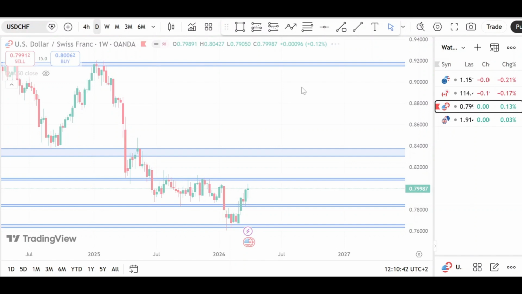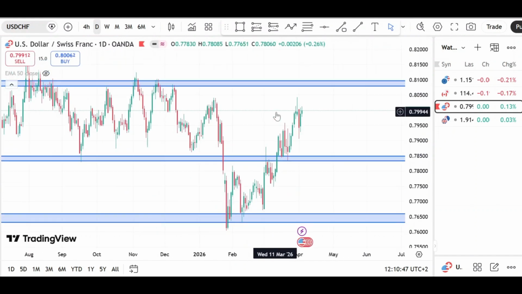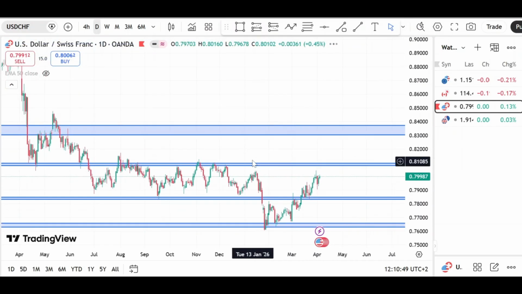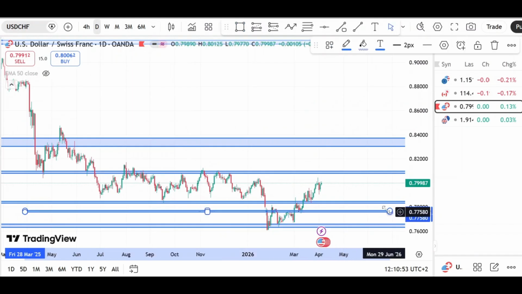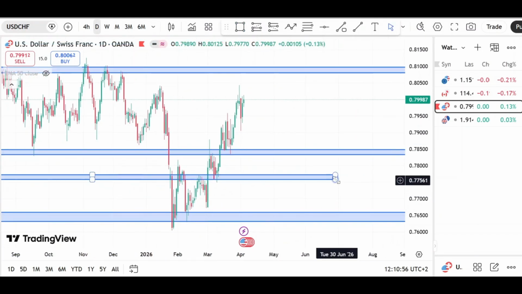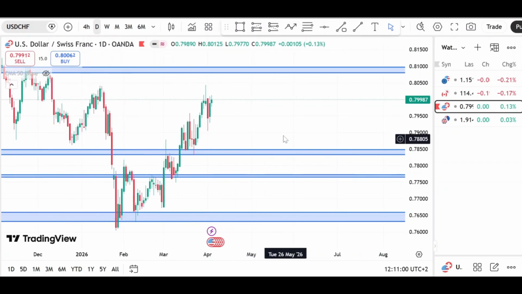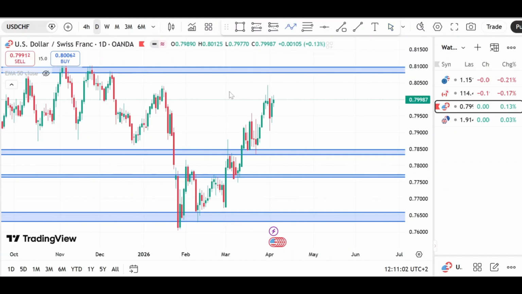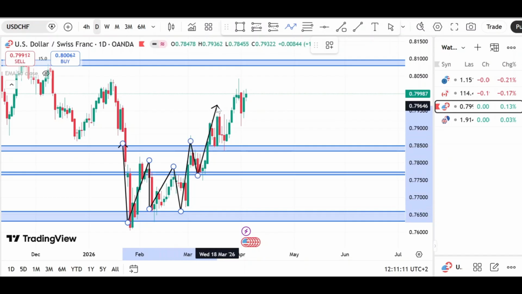Let's go to the daily structure to see what's happening. As you can see, this is a daily structure, because this is like a double bottom break of structure, then higher high, higher low, higher high, higher low, higher high, higher low.